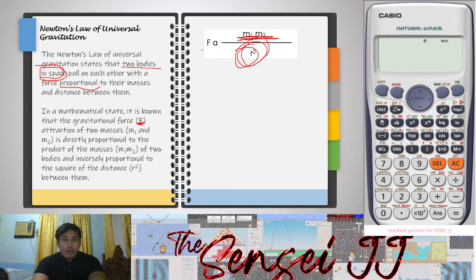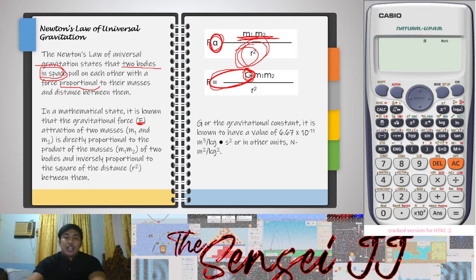We will make this a working equation in which we will be using an equal sign instead of the proportionality sign. So with this we will be exchanging our proportionality sign for an equal sign, but we have a constant. In here we have a constant G, which is known as the gravitational constant.